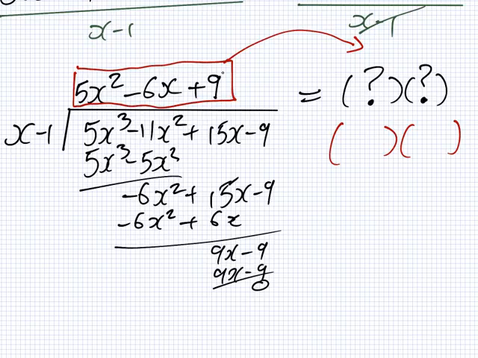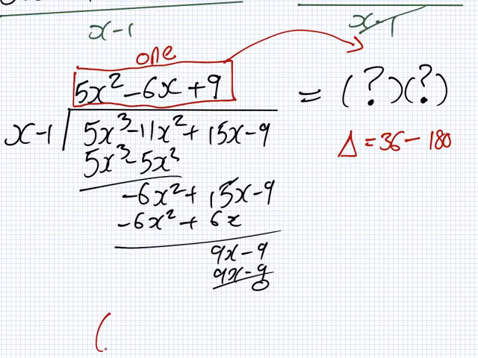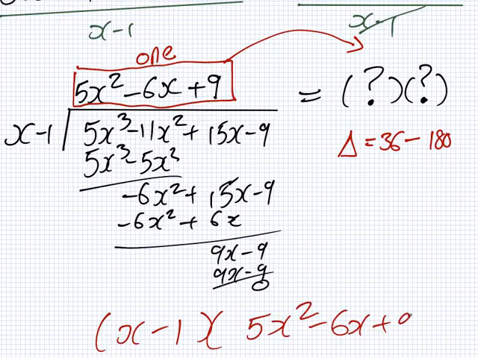So let's have a quick check if it does have factors. Discriminant is 36 minus a very big number, like 420 times 9, 180, isn't it? In fact, this has no factors, so that's not a big deal. It just means we only have one factor here instead of breaking it into the 2. So our answer will be x minus 1 multiplied by 5x squared minus 6x plus 9. We can't factorize that quadratic.